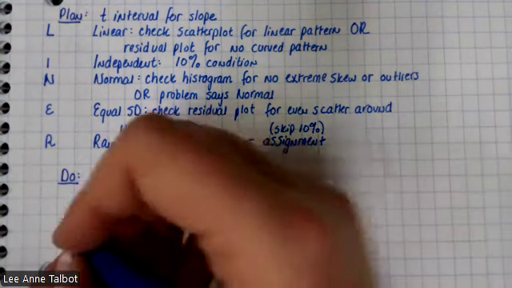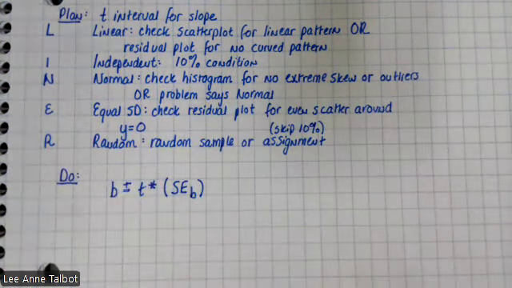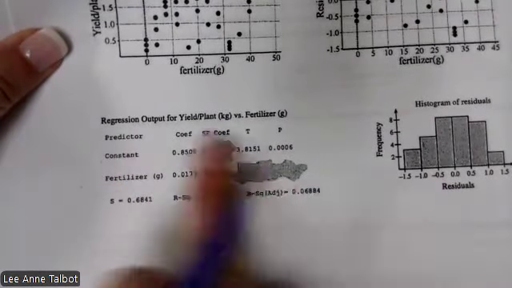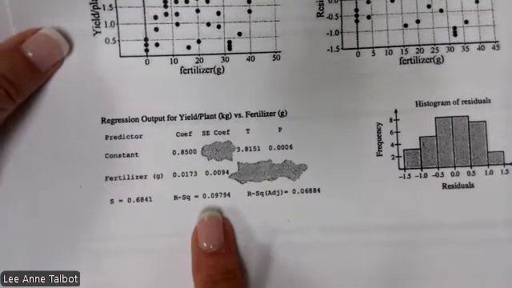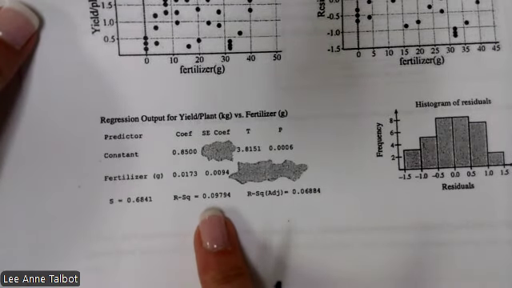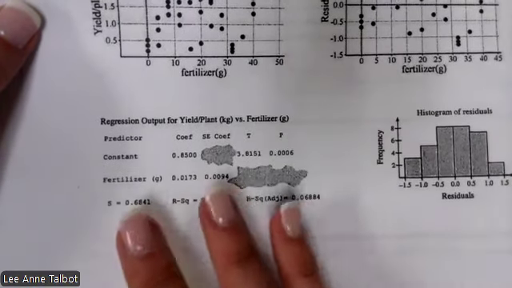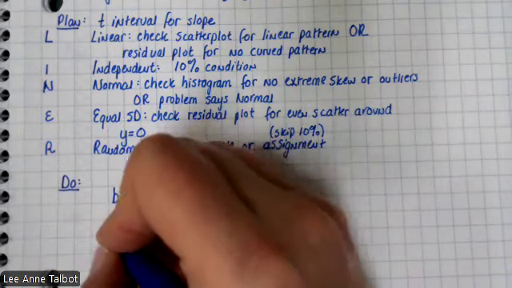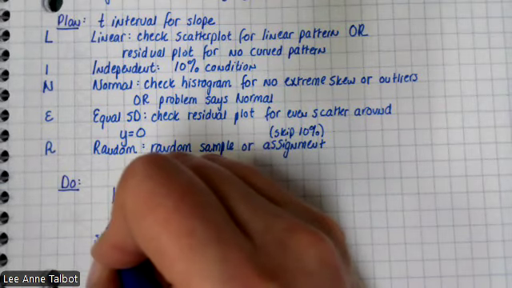Okay. All of these problems, not only are they going to give you all those graphs, they're actually going to give you computer output. That's why I said that the do step is extremely simple. There's no math really. You just need to know which things go in which spots, which we're going to review. So this is the slope.